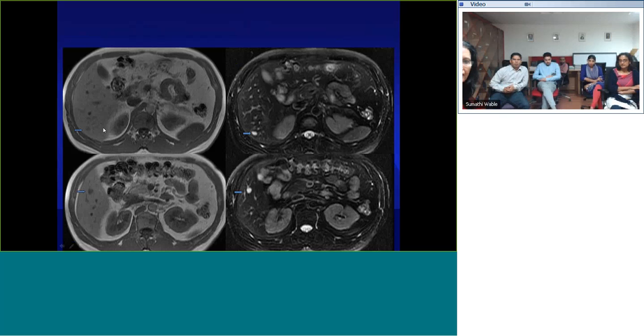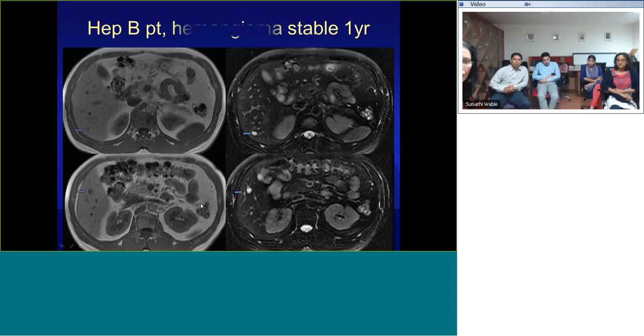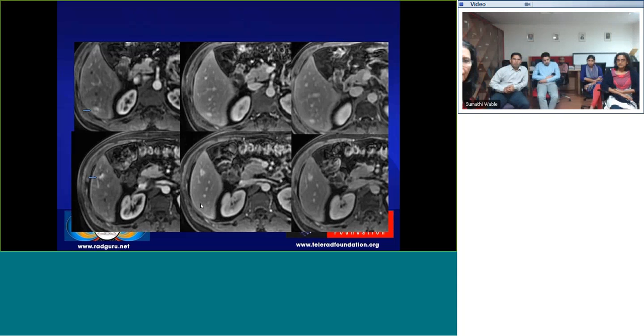Hemangiomas. So you apply the same rules that you apply to hemangiomas. The T1 low signal, as bright as a light bulb on T2. And of course, you're going to follow all these. And typically they should remain stable.